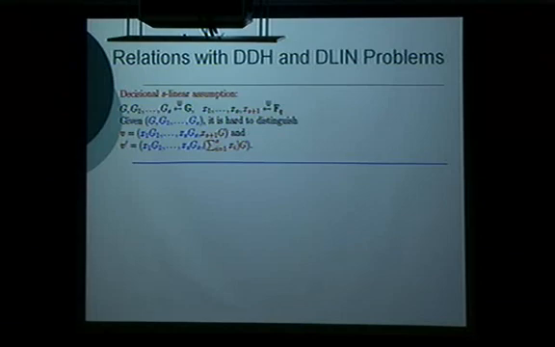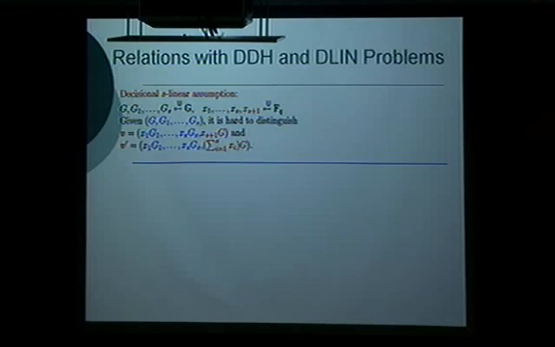The decisional S linear assumption is defined like this. G and G1 through GS are selected from a pairing group G, and X1 through XS plus 1 are selected from F_q. Given G to GS, it is hard to distinguish the two cases.